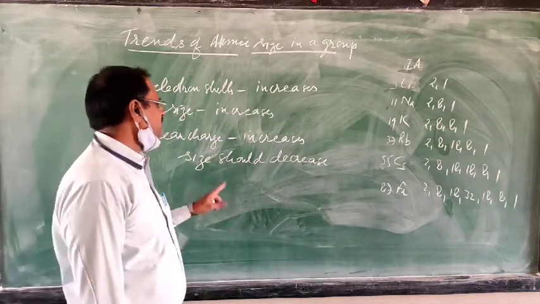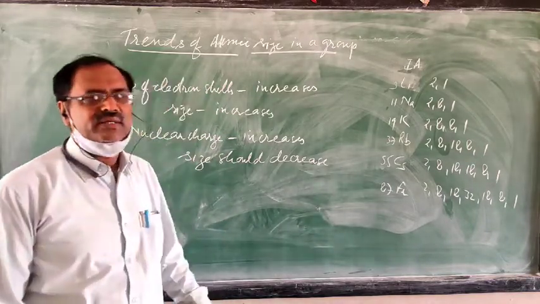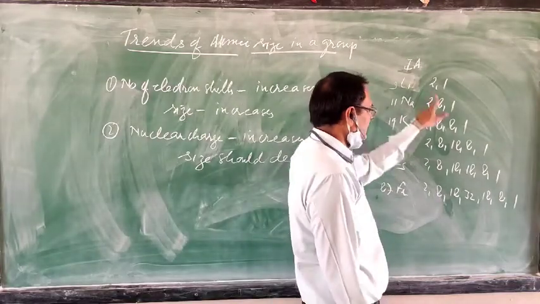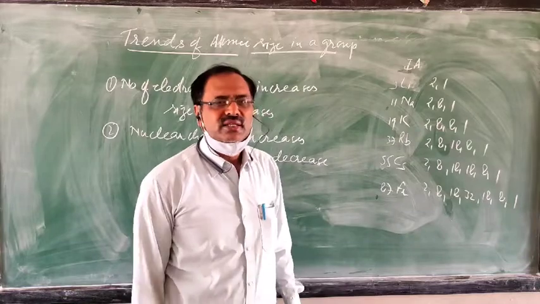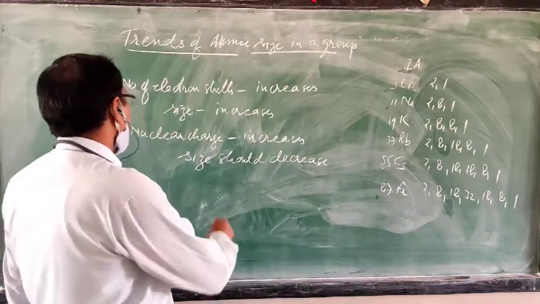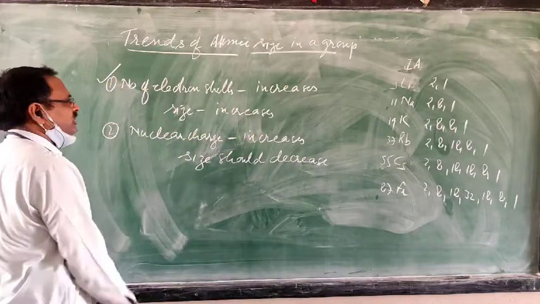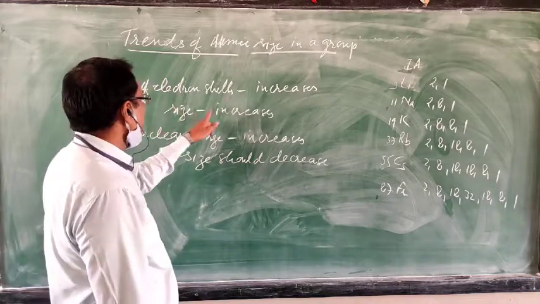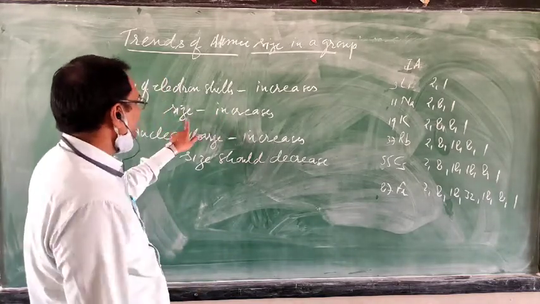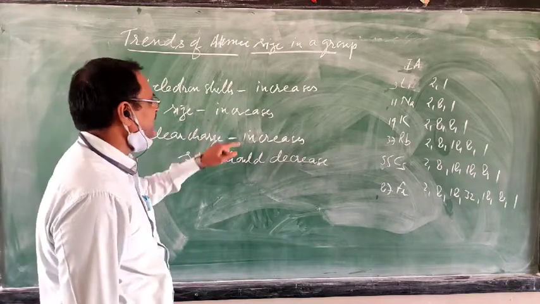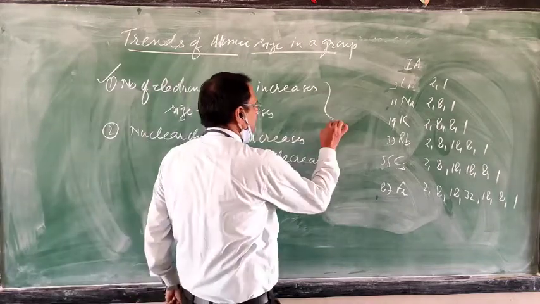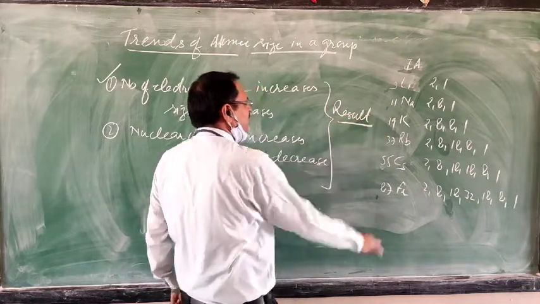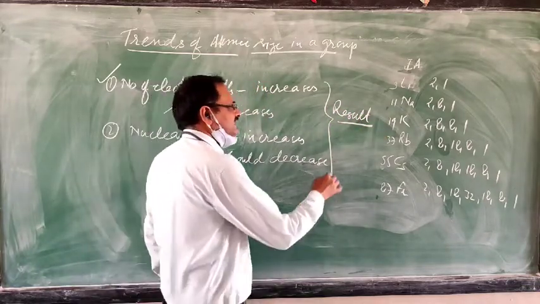But I want to tell you, nuclear charge will not be the effective factor, because as the nuclear charge increases, the number of shells also increases. So the dominating factor will be the number of electron shells, or you can say the result will be decided by the number of electron shells. So by the number of electron shells, what result are you getting? Size increases. So when you move in a group from top to bottom, size increases.